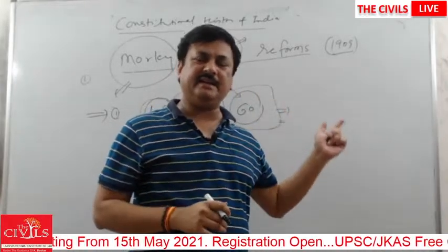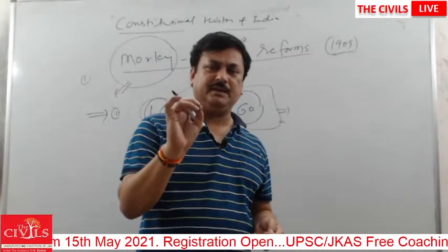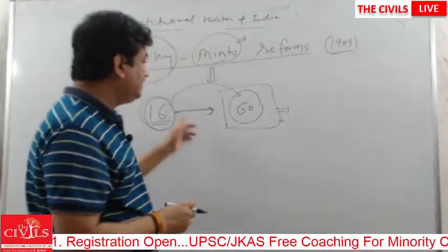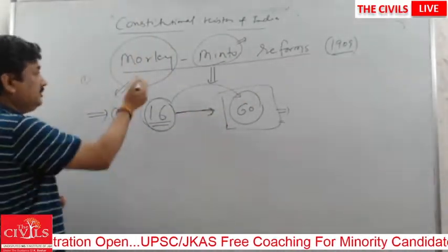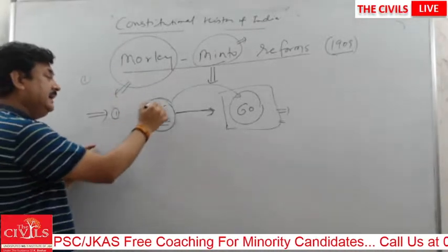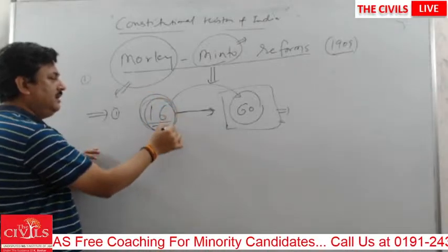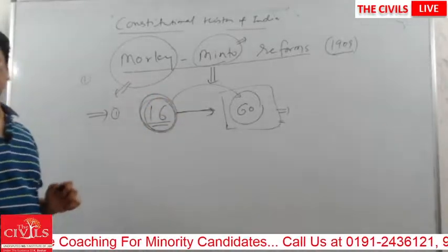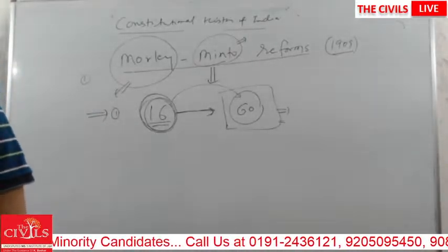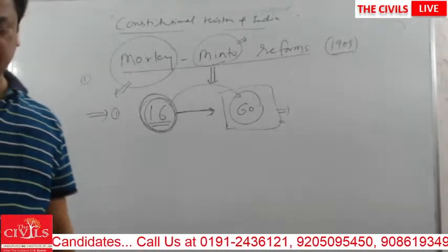By the 1919 Act, the bicameral legislature system was introduced, and this was the beginning. So by the Morley-Minto reform, the Governor General Council was enlarged from 16 to 60.